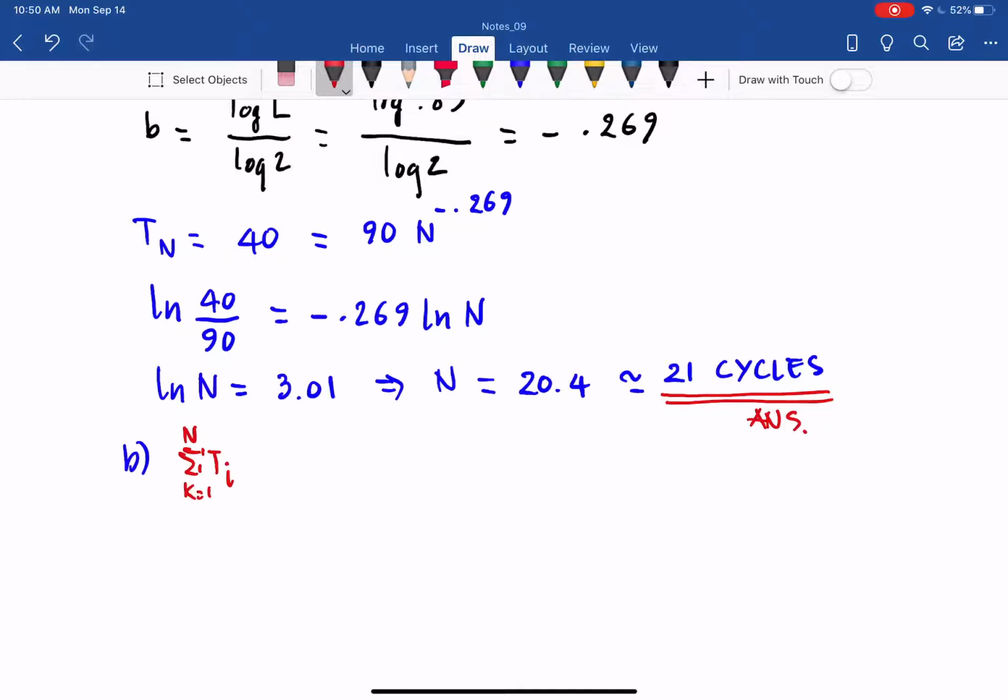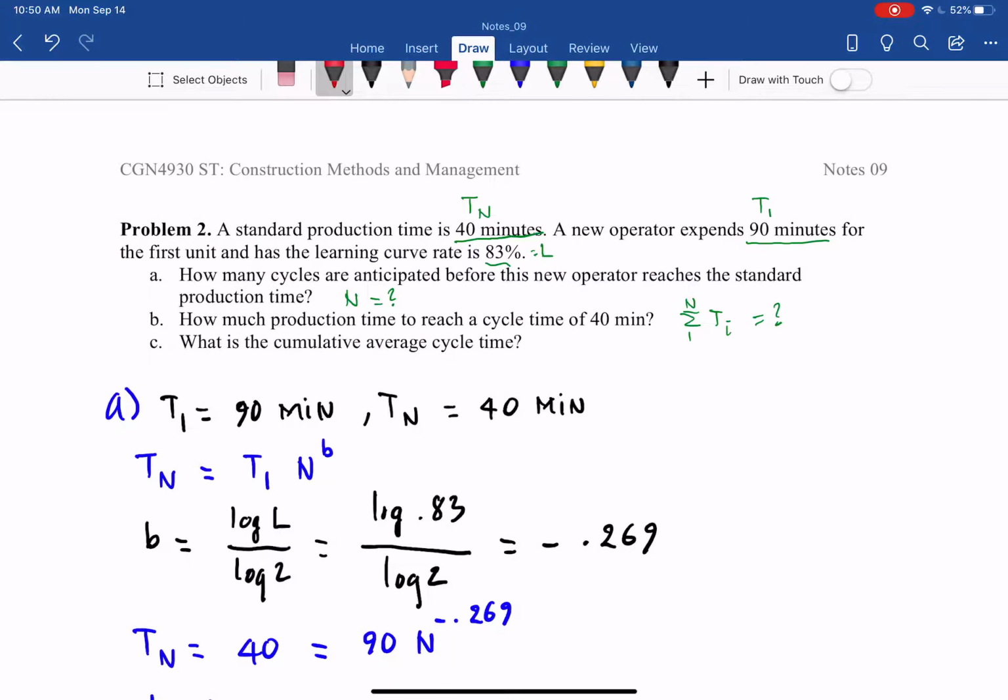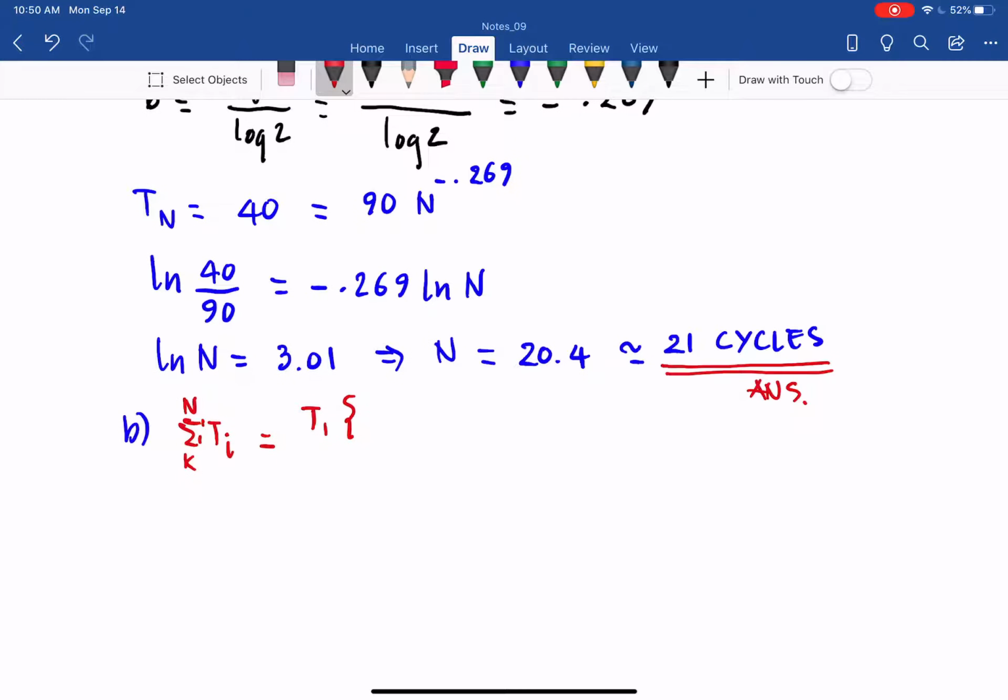Then the equation becomes, and again it's available in your mid-semester exam reference, T1 times n plus half to the power b plus 1, minus k minus half to the power b plus 1, and divide by b plus 1.